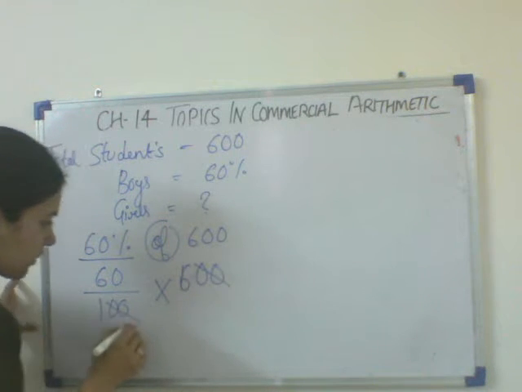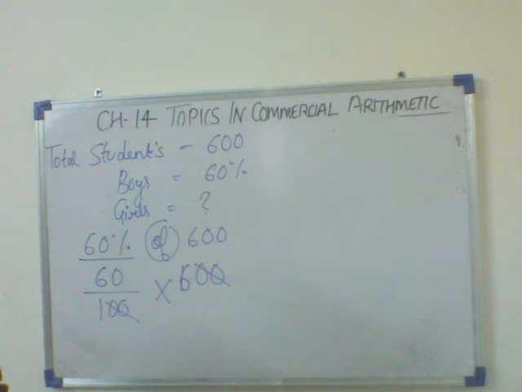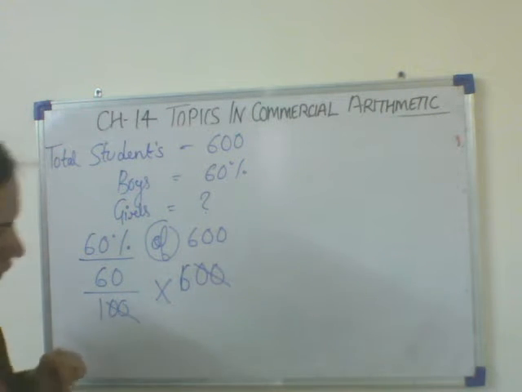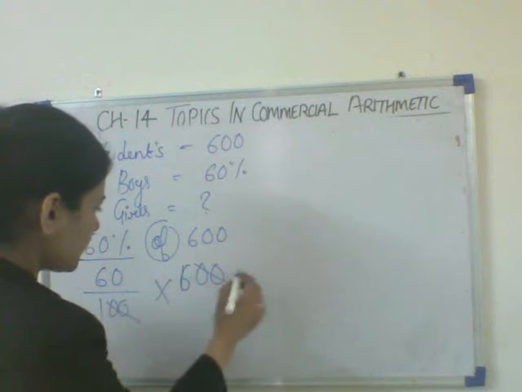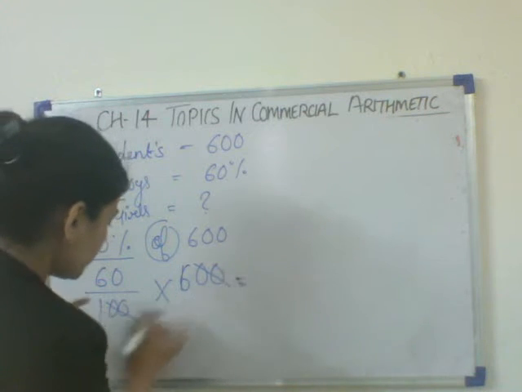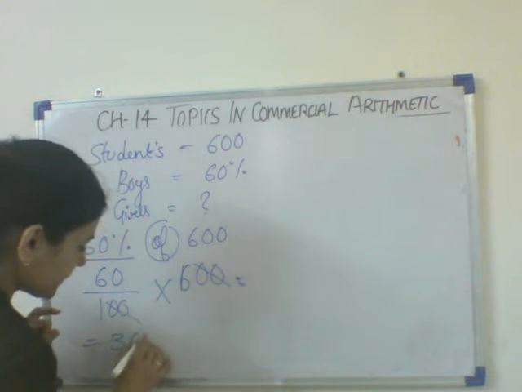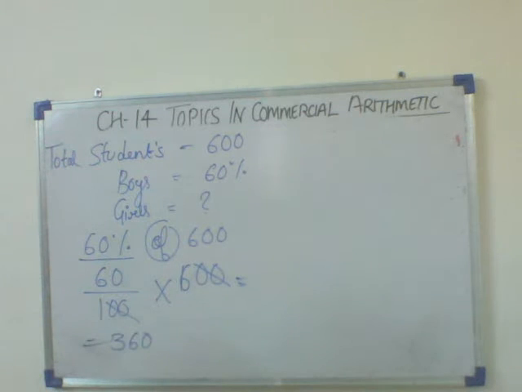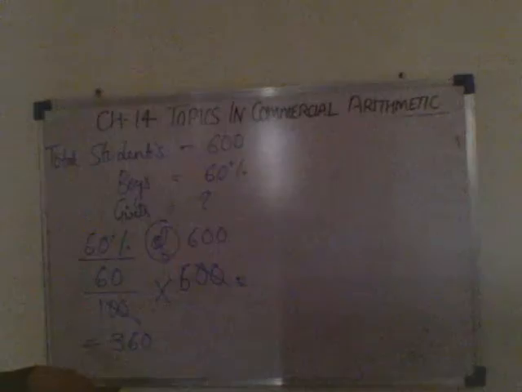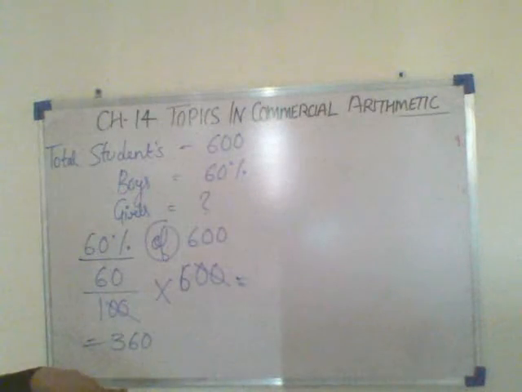This 0 and 0 got cancelled. So here it will come 60 multiplied by 6 is 360. So 360, we got the number of boys in the school.